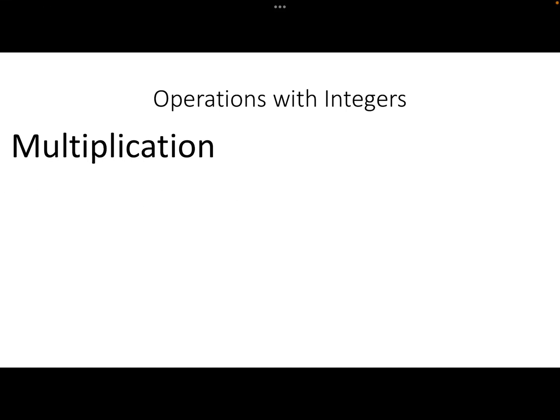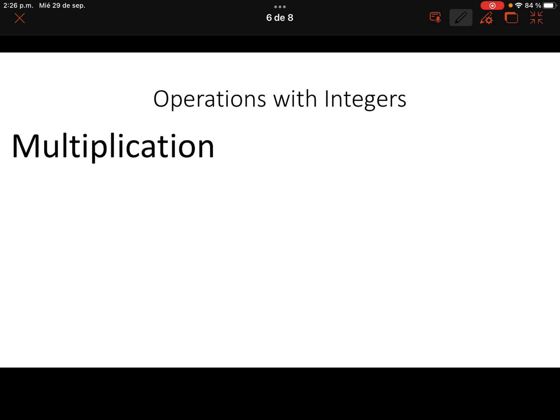Case number 2 is when we have to multiply two integer numbers with different signs. Let's consider this case: -4 times 7. The strategy is to find the absolute values. The absolute value of -4 is 4. The absolute value of 7 is 7.